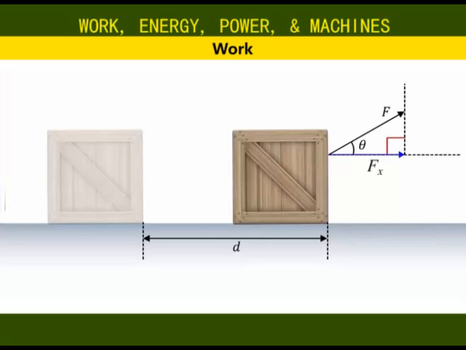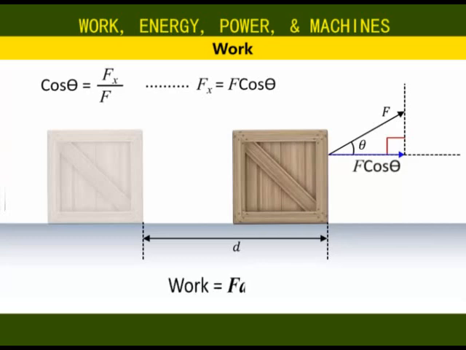We have a right-angled triangle. Theta, F and Fx are related by cosine. That is, cos theta is equal to Fx over F, meaning that Fx is equal to F cos theta. So, F cos theta is the force responsible for motion of the block. Therefore, the work done here is equal to Fd cos theta.